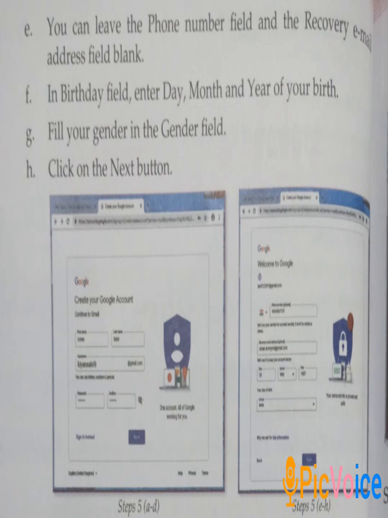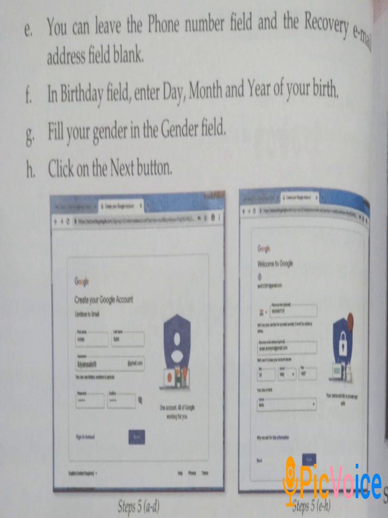Page number 98. E. You can leave the phone number field and the recovery email address field blank. F. In birthday field, enter day, month, and year of your birth. G. Fill your gender in the gender field.